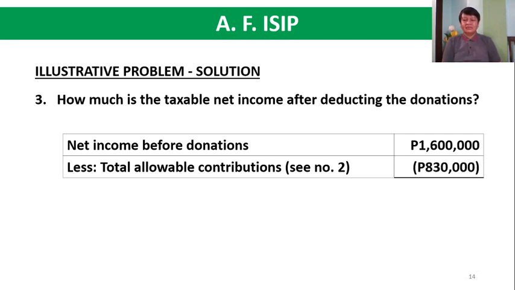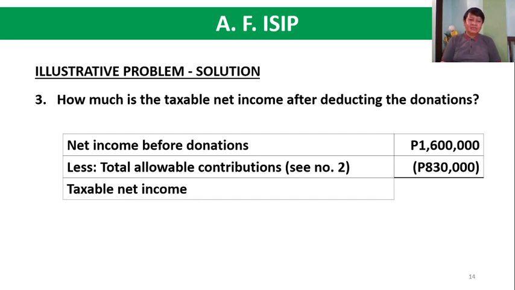That 830,000 pesos is 750,000 pesos donated to government priority projects plus 80,000 pesos allowable deductions for Lingap Pangkabataan Incorporated. So if we will deduct 830,000 from 1,600,000 pesos, the taxable net income of this corporation is reduced to 770,000 pesos. So just imagine the difference.